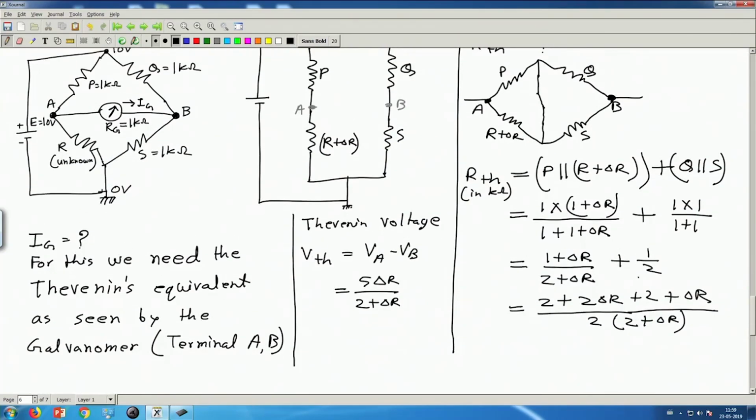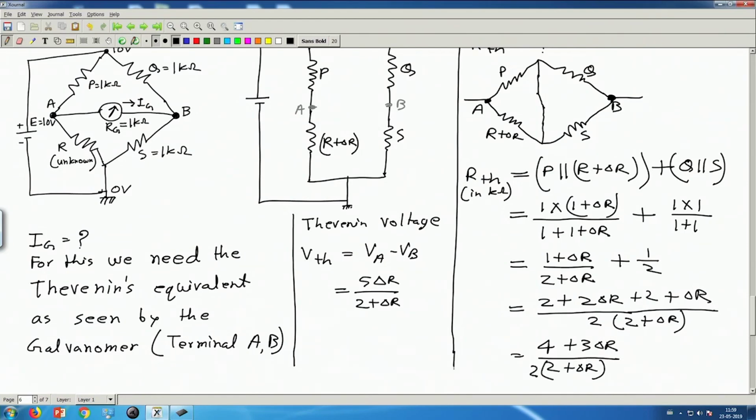Okay. So I guess my calculation is correct. 2 plus 2 delta R plus 2, so plus delta R. So this is 4 plus 3 delta R divided by 2 plus delta R multiplied by 2.